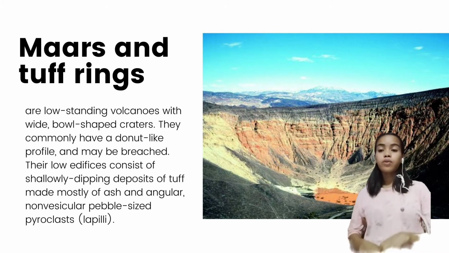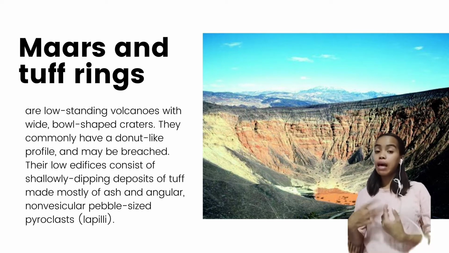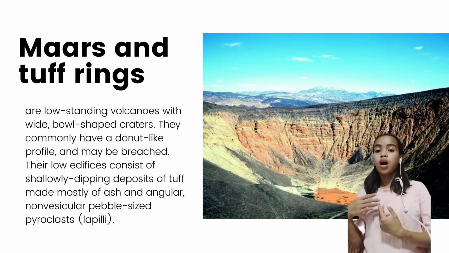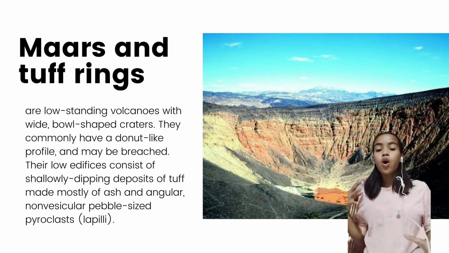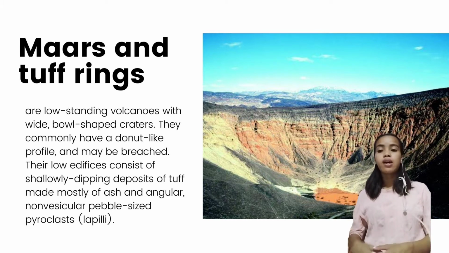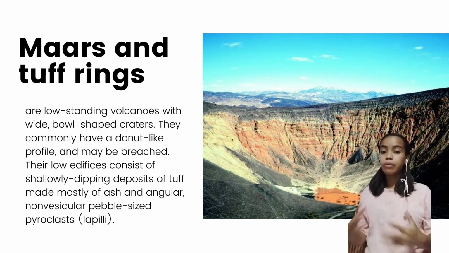Right, next we have also here the maars and tuff rings. So these are types of volcanoes which are low-standing volcanoes with wide or bowl-shaped craters. They commonly have a donut-like profile and may be lake-filled.